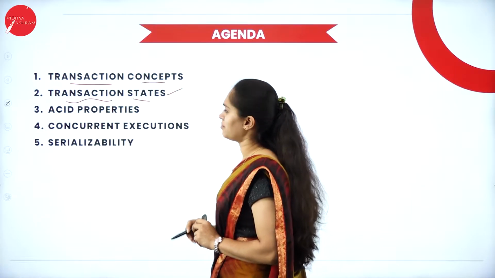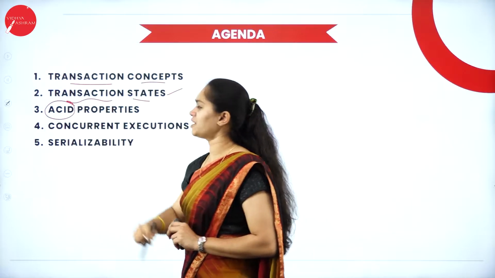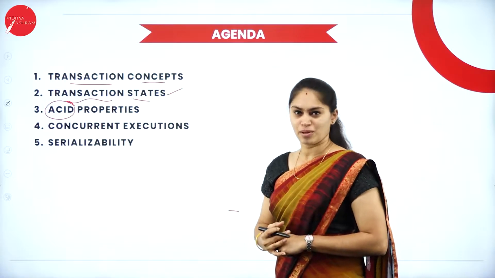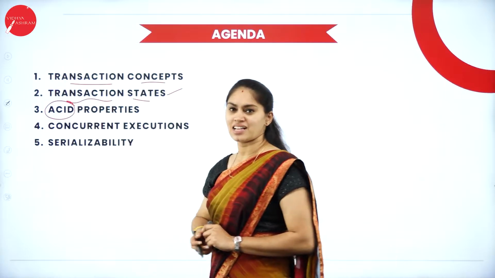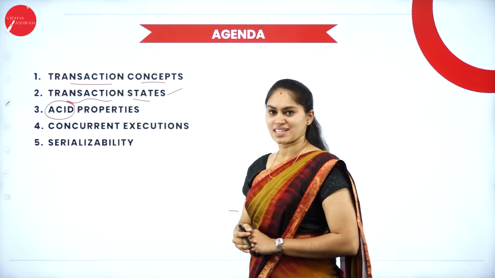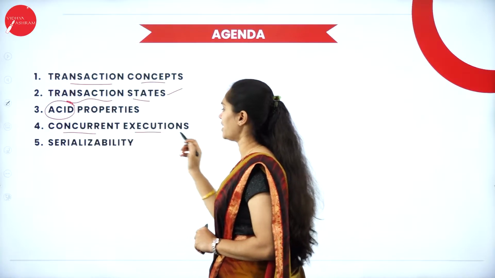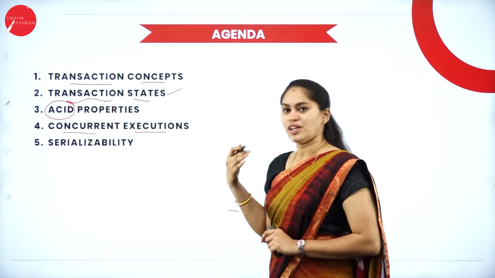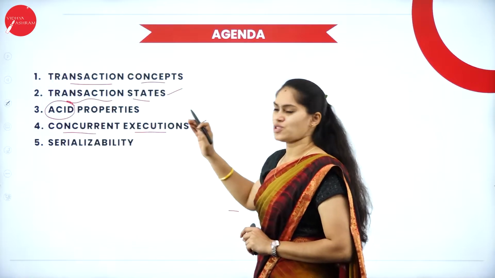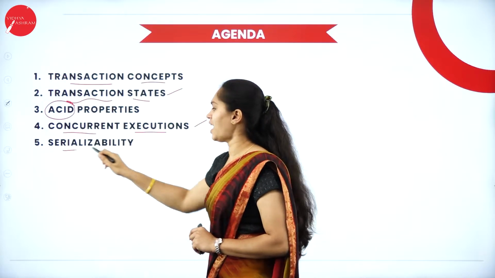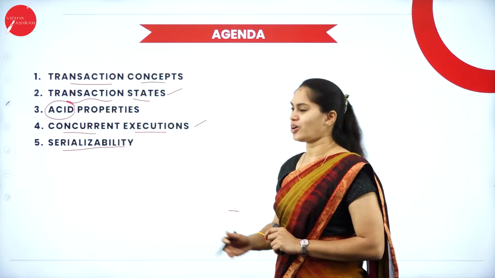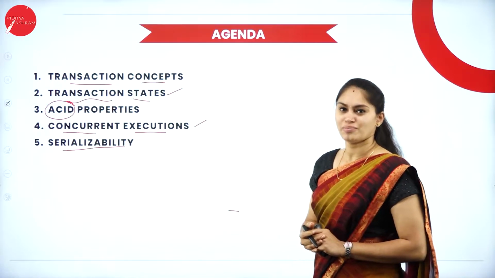That I will be discussing, along with a very important concept, the ACID properties. Each character has its own name, which I am going to discuss, along with concurrent execution. In order to overcome the disadvantages of concurrent execution, we have serializability. This is the content or agenda of today's session.